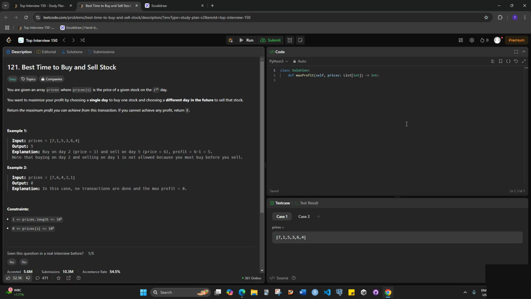So let's see. You're given an array prices, where prices[i] is the price of a given stock on the ith day. You want to maximize your profit by choosing a single day to buy one stock and choosing a different day in the future to sell that stock.